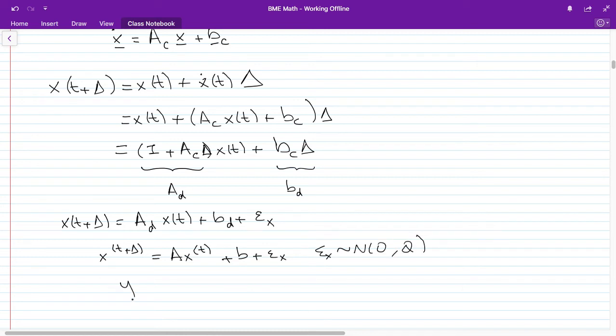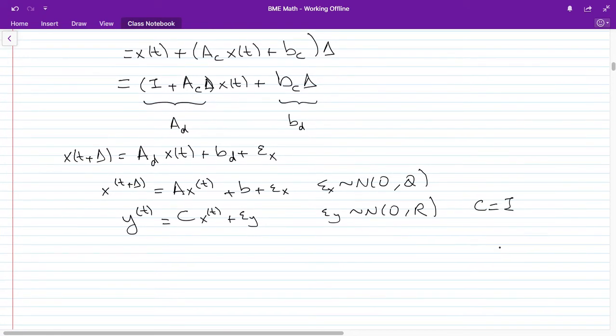And I make some observation, y of t is equal to C x of t plus epsilon y, and epsilon y is normally distributed with variance r. And C is identity, so we can observe position and velocity. So we start with some prior.